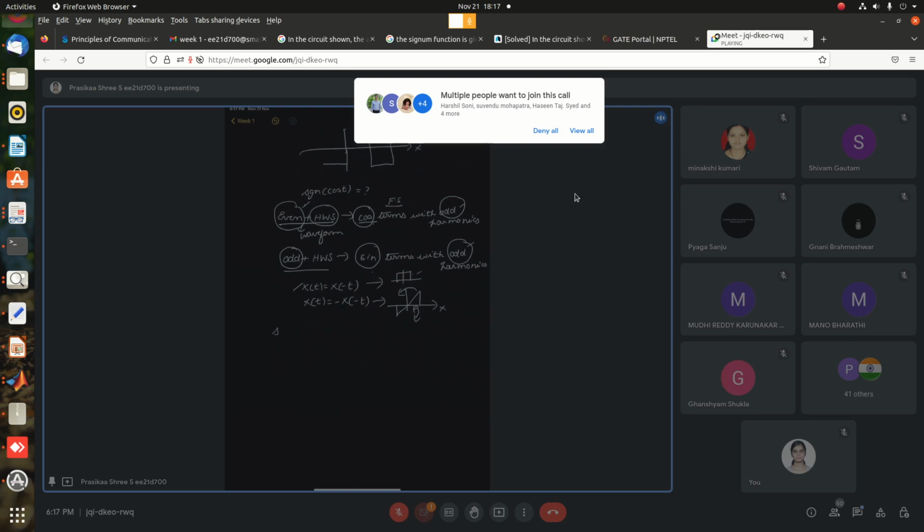So now we can draw signum of cos t, by substituting in the formula that is given. To be precise, it is 1 when cos t is greater than 0, minus 1 when cos t is less than 0, and 0 when cos t is equal to 0.